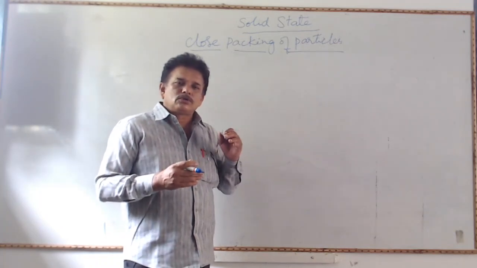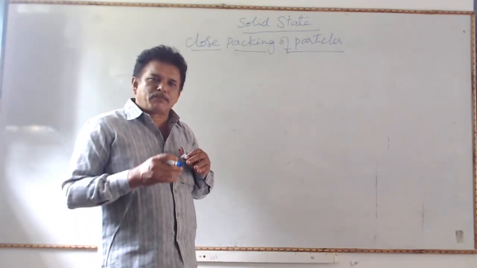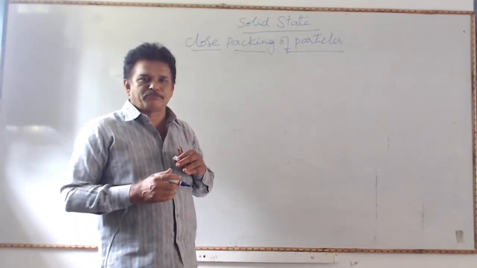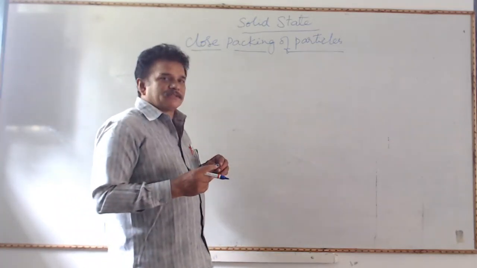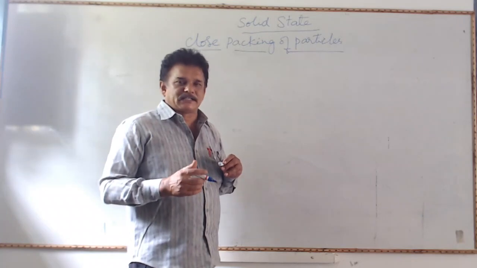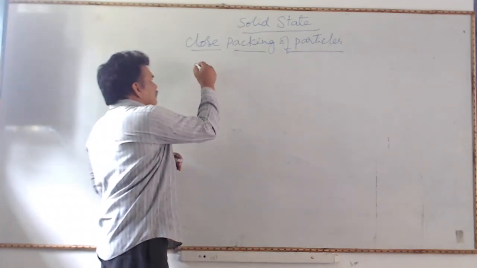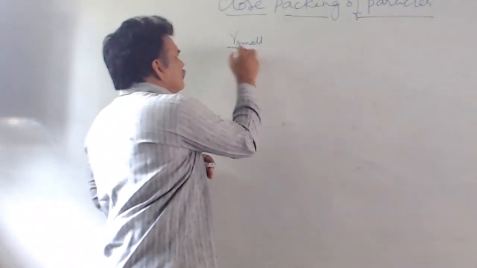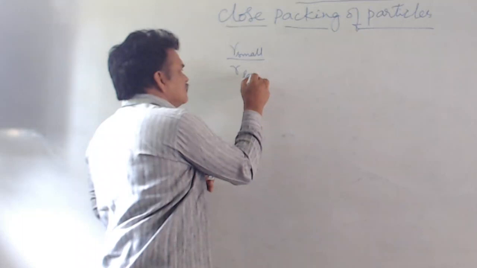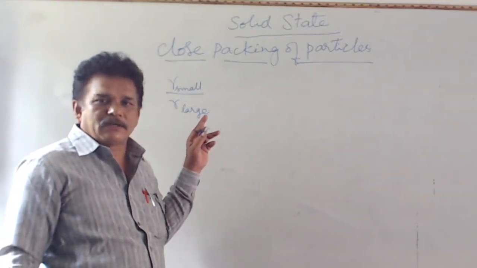So how to calculate this coordination number and what is the importance of this coordination number? We calculate the coordination number based on the radius of the particles. The ratio of radius of particle, R small by R large, gives the coordination number.